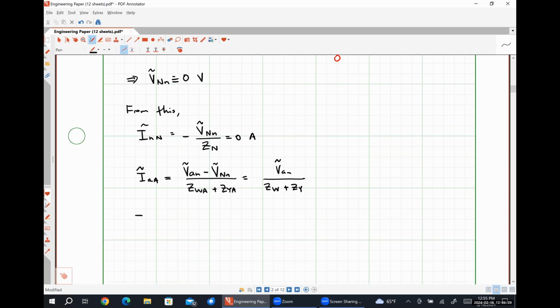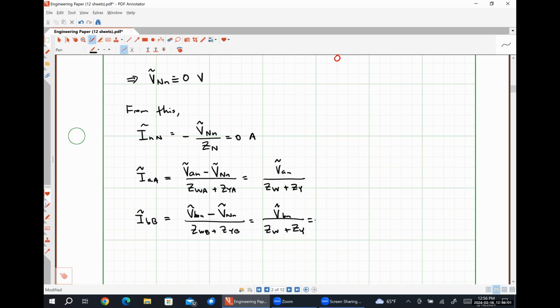Our line current IBB for a balanced three-phase system, let me write this out here, ZWB plus ZYB is going to look like VBN divided by ZW plus ZY.